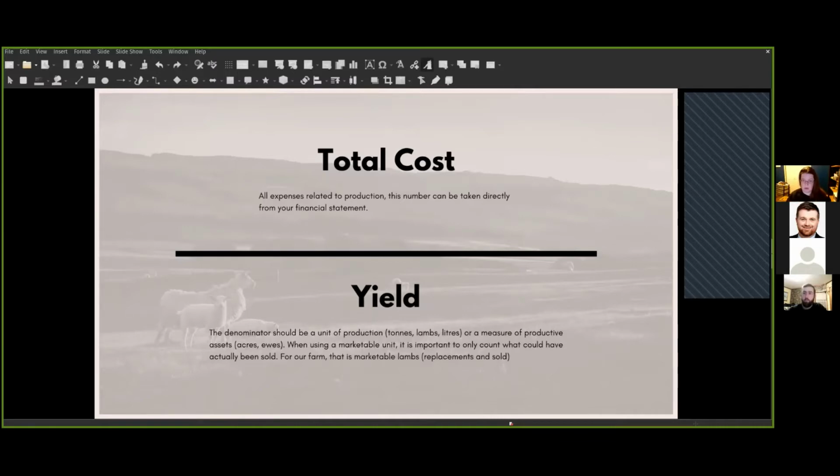You could do it by ewe if your lamb numbers were all over the place and you wanted to know what it was costing you per ewe to see if your lamb numbers per ewe needed to be improved. The yield is pretty much open to what you want to use. I'm going to be using marketable lambs tonight, and that is, again, replacements and the numbers sold for the entire 2021 period.